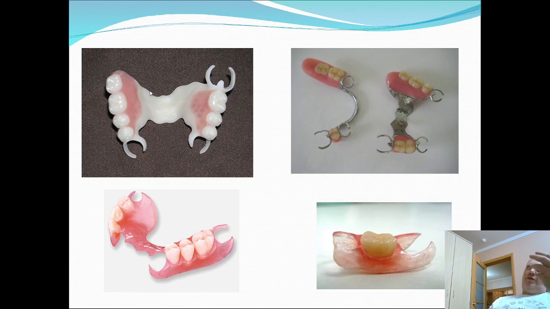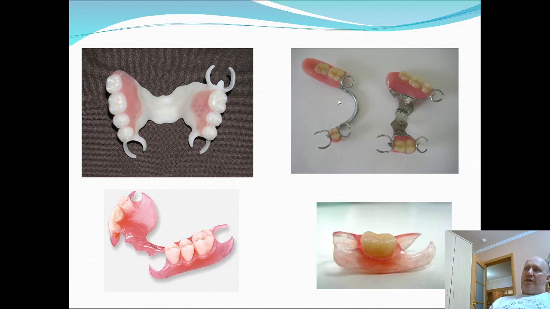There are three shades of white color: A1, A2, A3, and you can use them for acrylic prostheses.